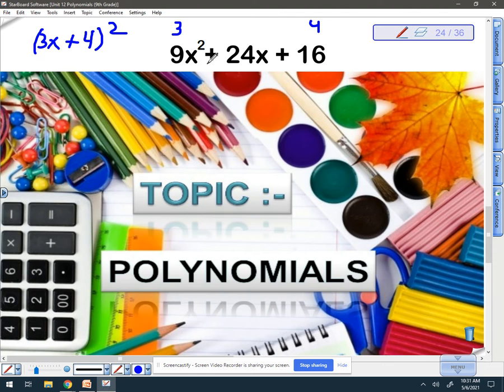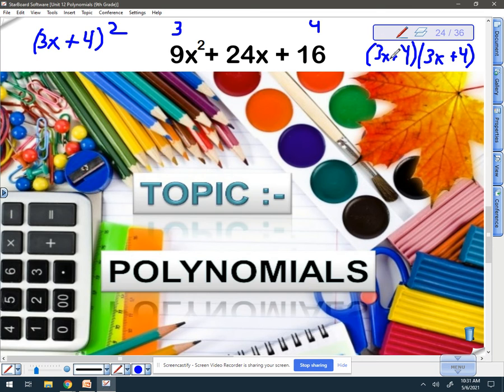So see, this would have been a problem. You would have had to do the x method. It would have been having to do grouping, and you could still do that. You would have ended up with 3x plus 4 times 3x plus 4. So if you forget, let's say for some reason you're doing your work and you forget to check and see if you can use this shortcut, and you don't do it, and you do the x method and you do the grouping method, you will still end up with the correct answer.